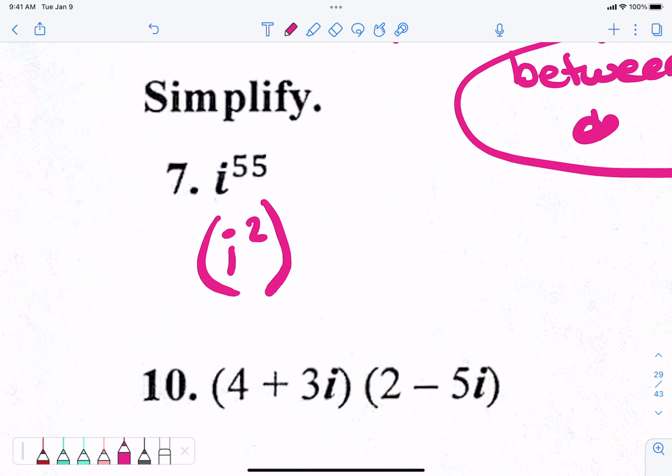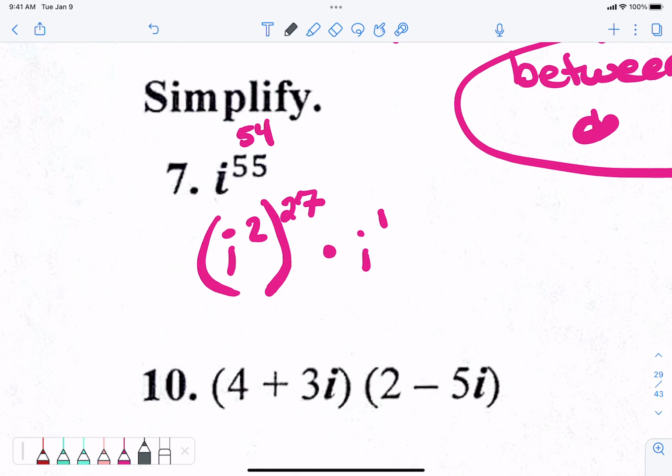Just take 54 divided by 2. How about 27? Sure, 2 times 27 is 54. But I need an extra one, so I have to multiply by another i to the first power to make 55. Because otherwise it's only 54.